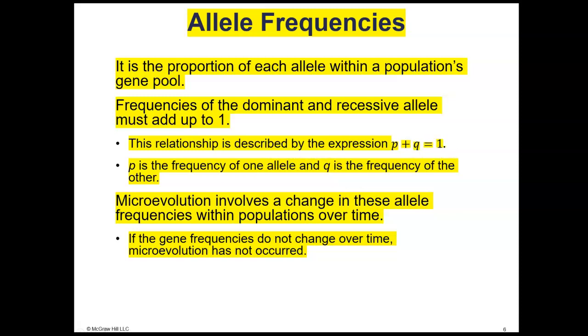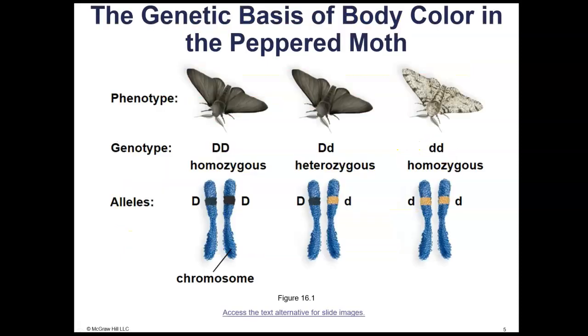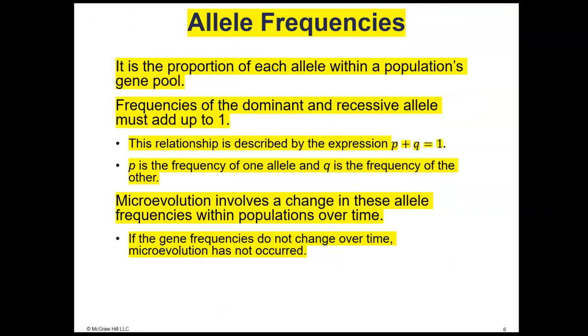So we could say, for example, that P and Q always have to be a decimal. So let's say the frequency of the big D allele is 0.3, then the frequency of the little d allele is going to be 0.7. Okay, so microevolution involves a change in P and Q over time. If the gene frequencies don't change over time, then there hasn't been any microevolution.